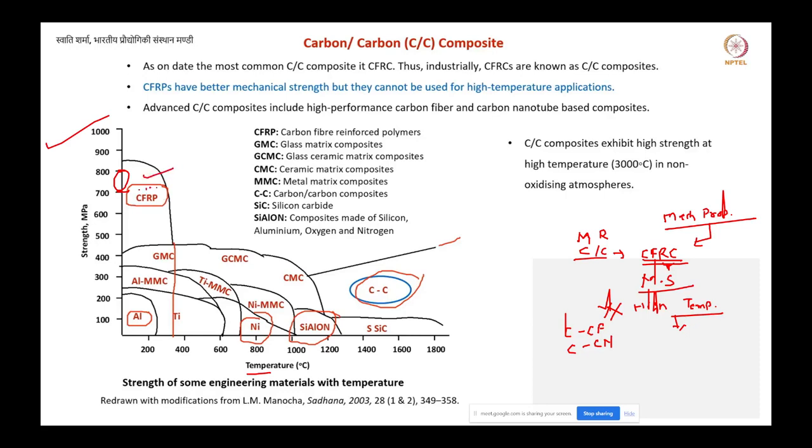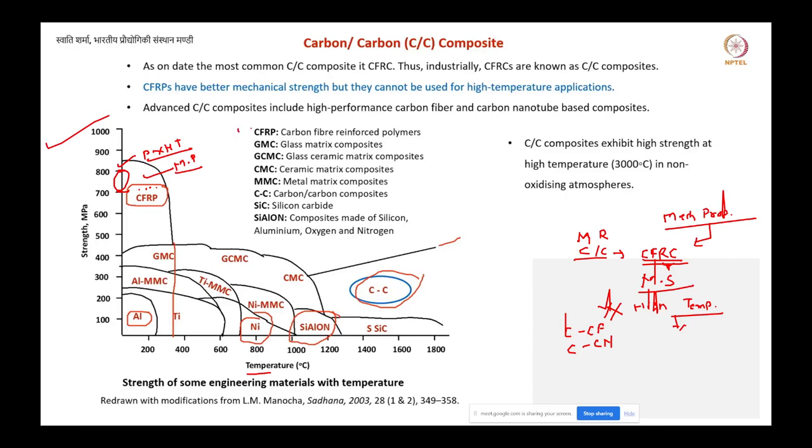Carbon fiber reinforced polymer, because polymer cannot sustain a high temperature, although it will give you the best mechanical property, so that you can use it for applications where you will require a good strength.